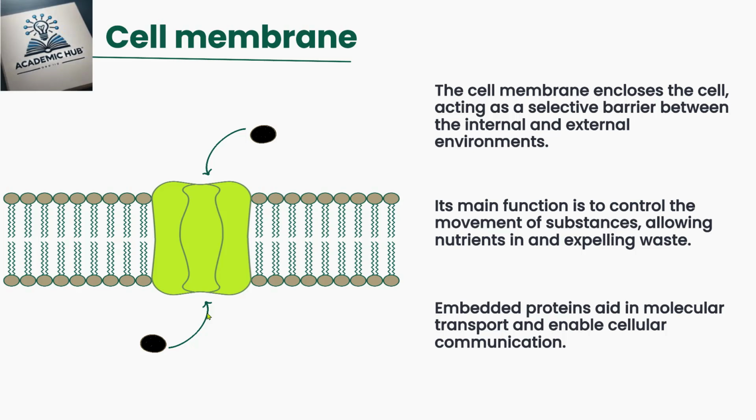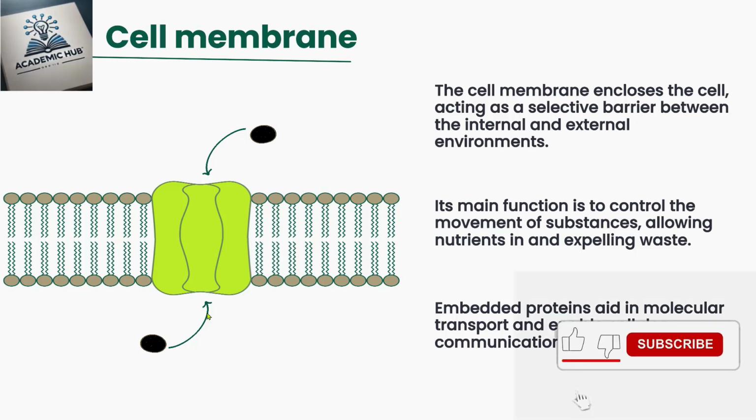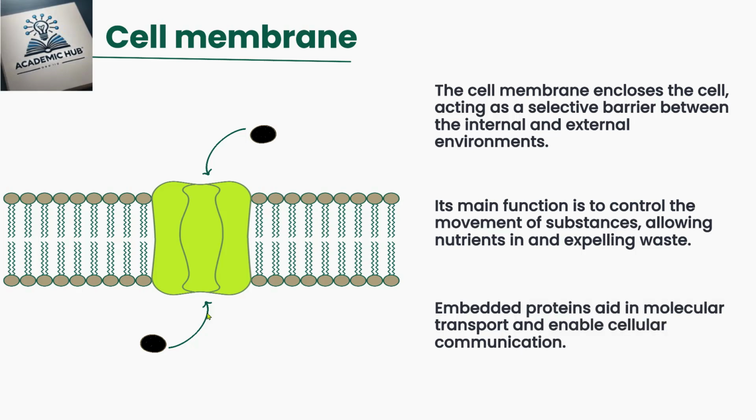It's a dynamic and multifaceted structure which is very essential for sustaining life. Acting as a selective barrier, it meticulously regulates the movement of substances, ensuring that nutrients enter and waste products are expelled.